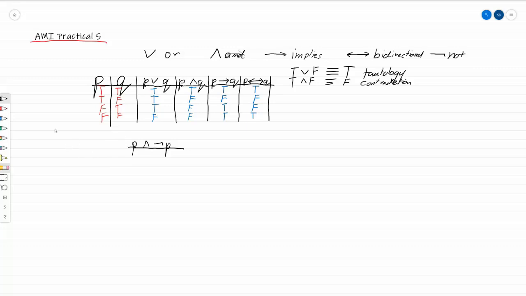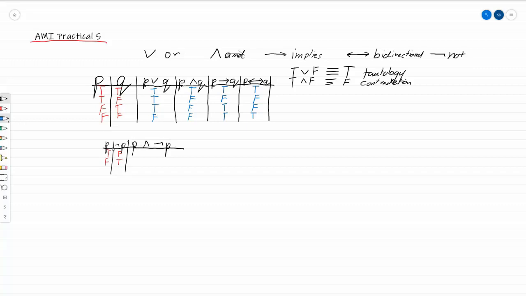Maybe I'll go edit this out later. Who knows if I have editing capabilities or not? We will find out. P and not P. So true and false, and not P is going to be false and true, is the idea there.